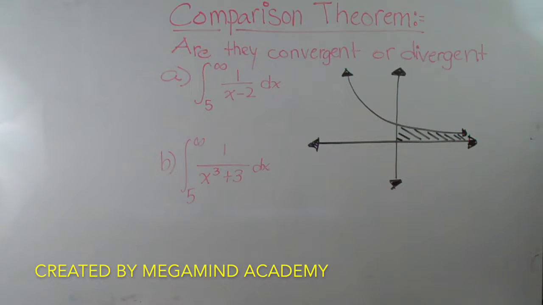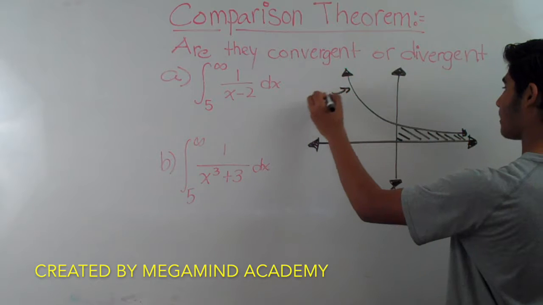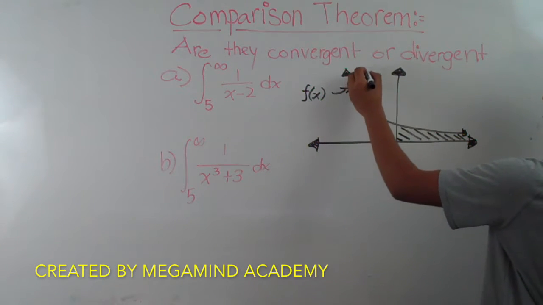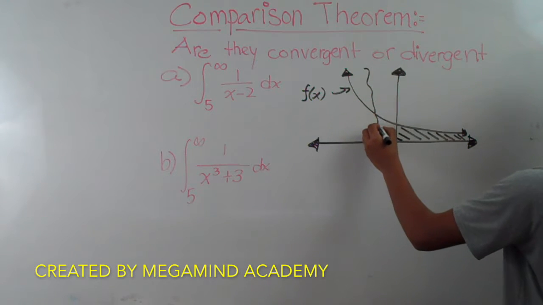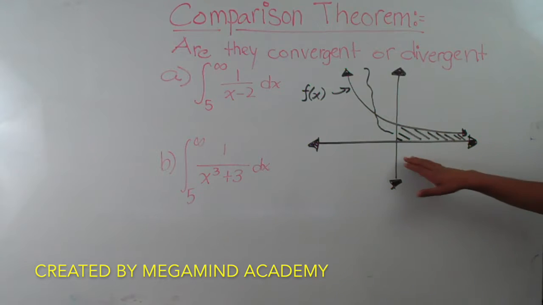Now, let's say that we had another such function, g of x. So this is, once again, f of x. But this time, g of x must be less than or equal to f of x on the interval we're trying to find.